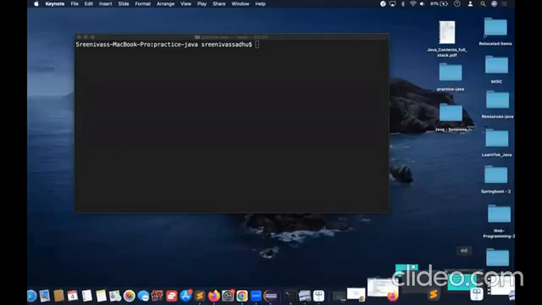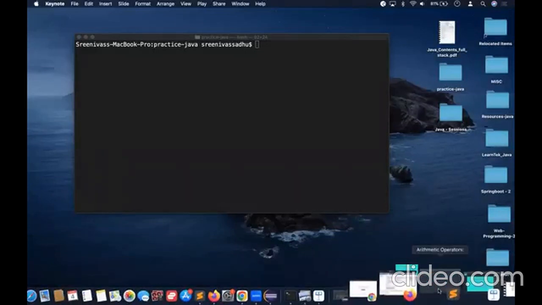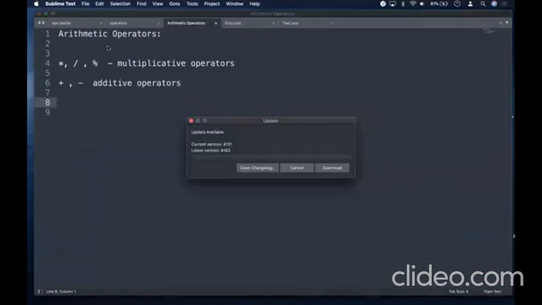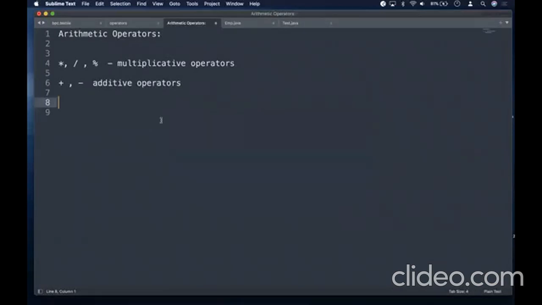So we have 5 arithmetic operators, and these 5 operators are categorized like this. We have product, division, and modulus operators, which are called multiplicative operators, and we have plus and minus, which are additive operators.